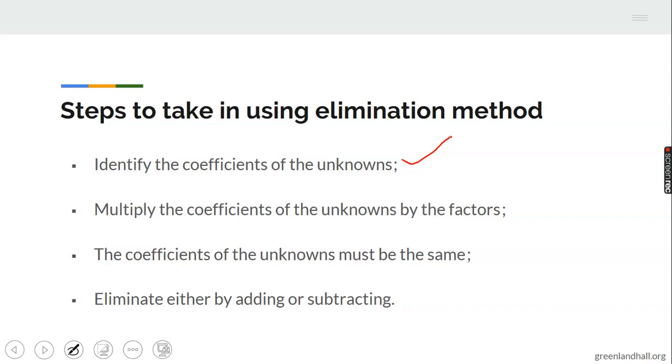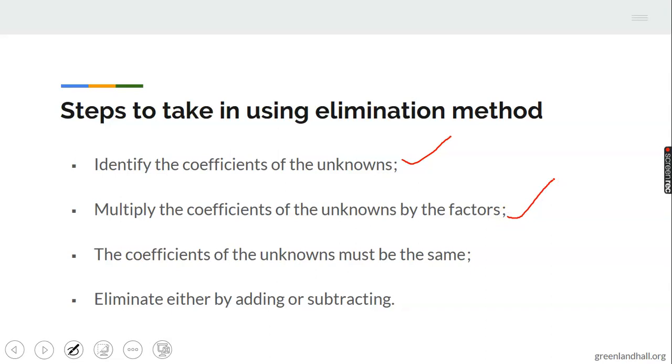We are going to see that in the course of this lesson. And I told you earlier on that mathematics is better learned by practice. You can understand mathematics better when you solve questions, when you solve examples. Now, the next point says multiply the coefficients of the unknowns by the factors. Okay? Just take notes.